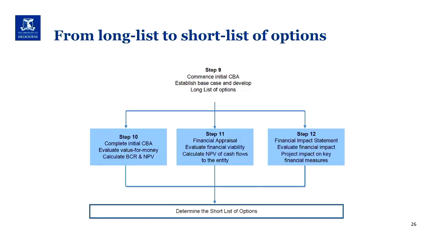So you come up with the numbers for one option, that is the financial appraisal, and then in the financial impact assessment, you combine those different options and compare them together to see which one is going to cost more for the government. As you can see, it's really similar. You have the long list, a lot of different options, and you want to come up with a short list of options. So for that, you need to run some analysis.